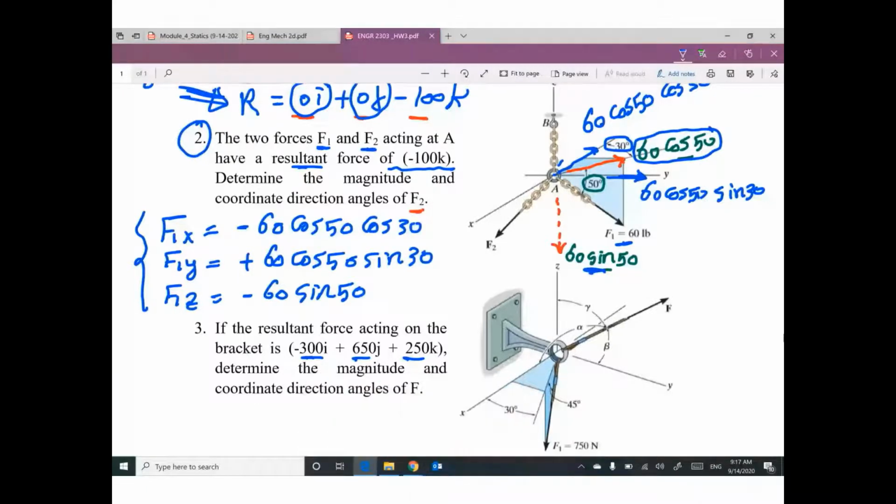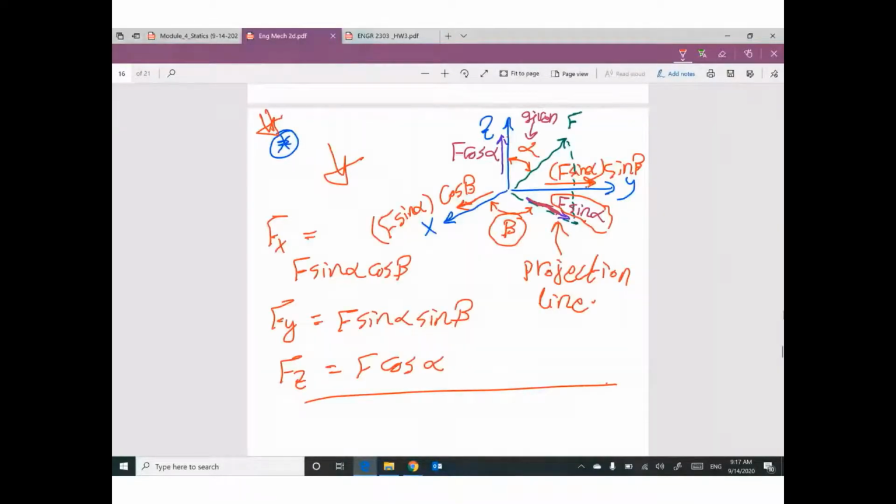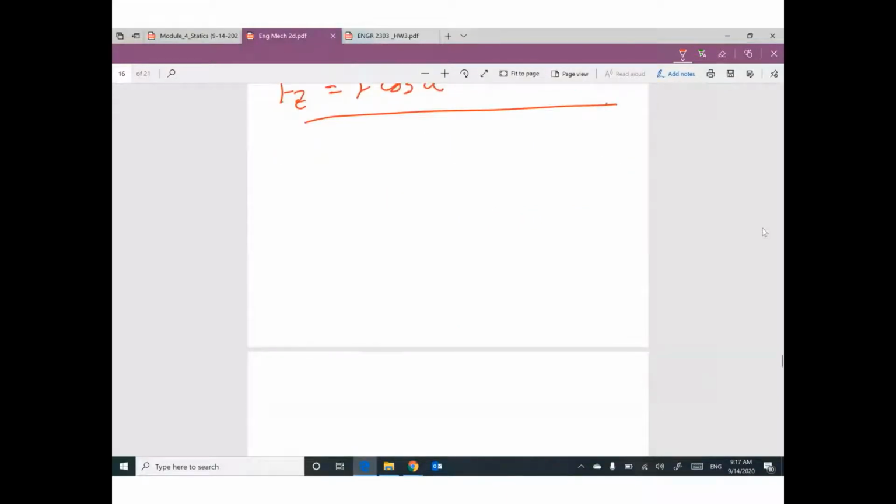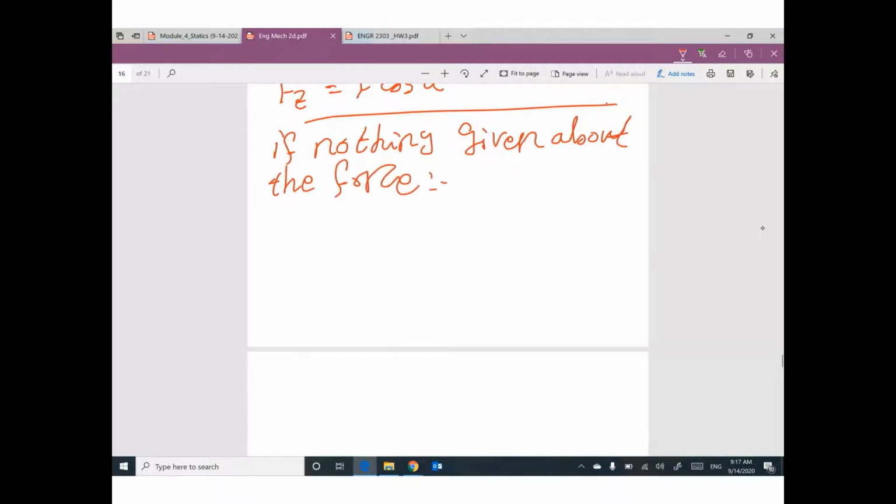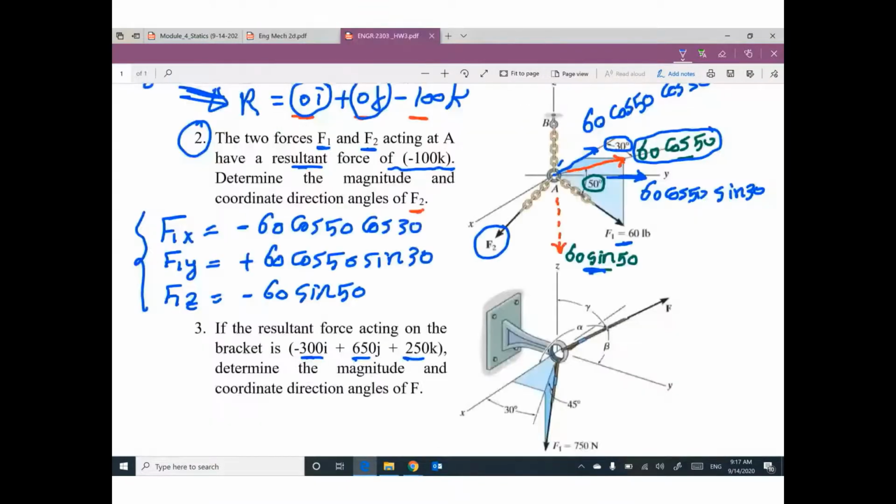Okay. What about F2? Just for your information, if nothing is given about the force, like F2 here, the value or the angles or anything related to F2, nothing is given.